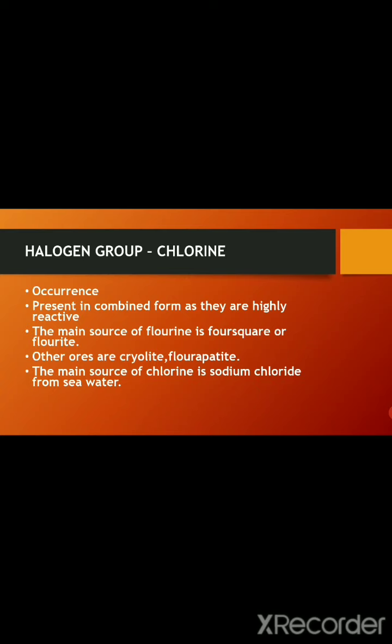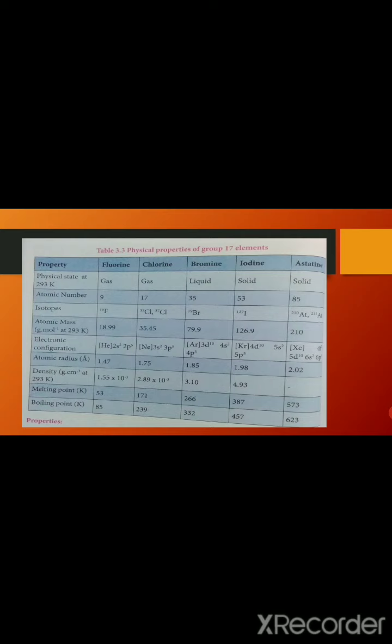The next, let us see the physical properties of the group 7 elements. First of all, you should know what the group 7 elements are: fluorine, chlorine, bromine, iodine, astatine. See their atomic numbers: 9, 17, 35, 53 and 85.